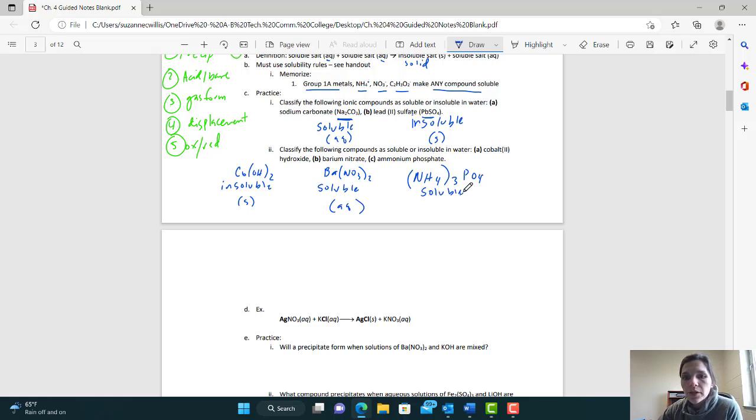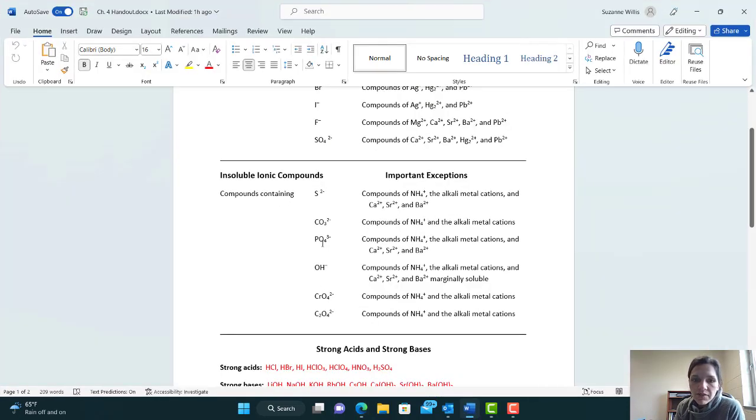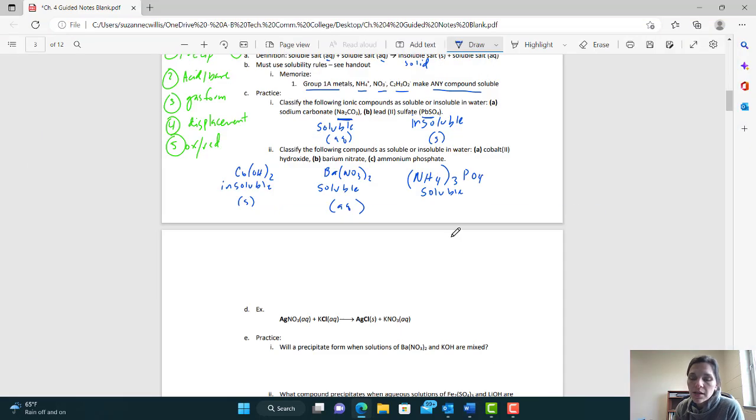And if you want to see kind of proof of this, if you go down here to phosphate, it is normally insoluble, you're right. It's usually a solid, but it's with ammonium. So it doesn't follow its normal rule. It actually has an exception, and it is soluble, just like we already predicted. And so it also will be aqueous.